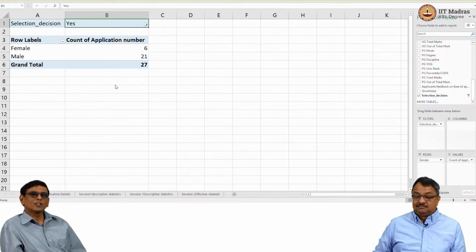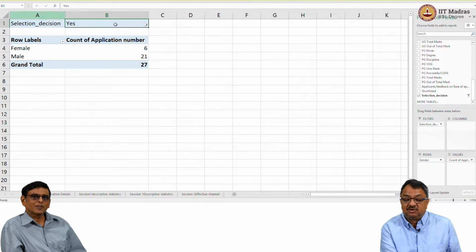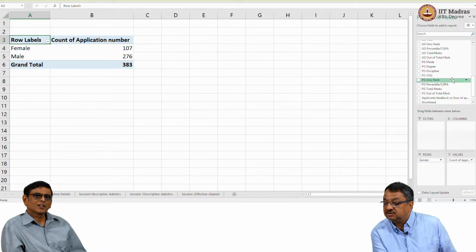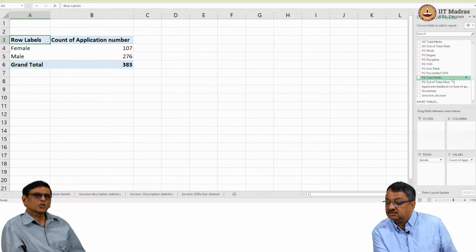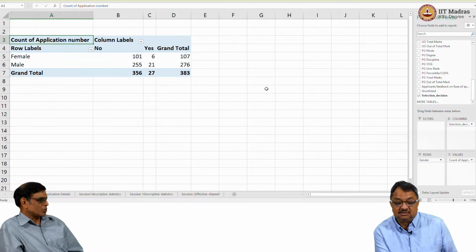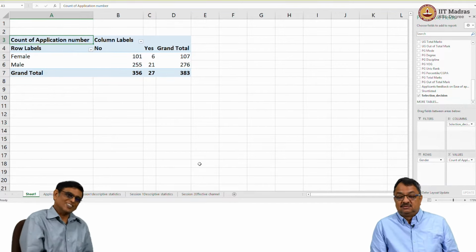So you want to look at that ratio of 6 selected? I just want to check the ratio of people who applied, females to total, and the ratio of people who were selected. Okay, you can just do it there only.